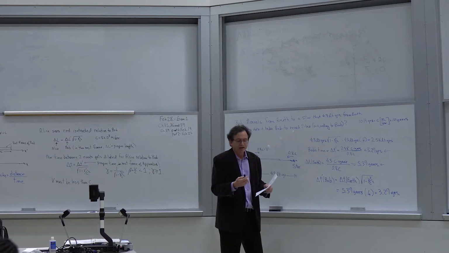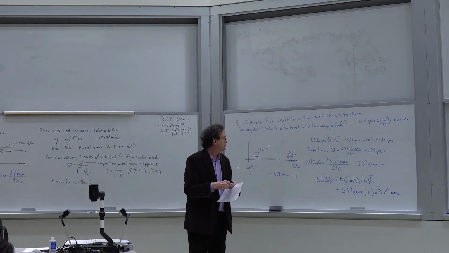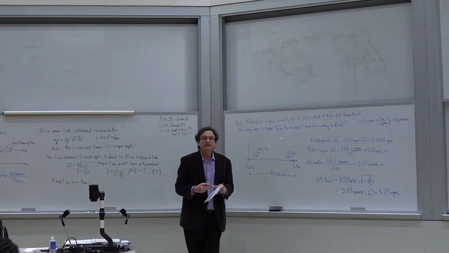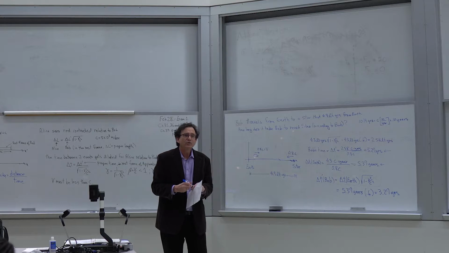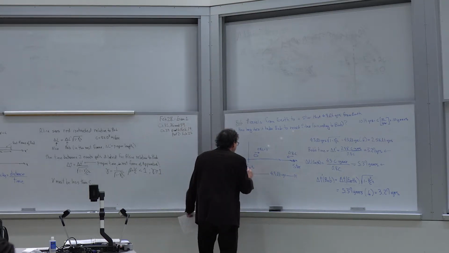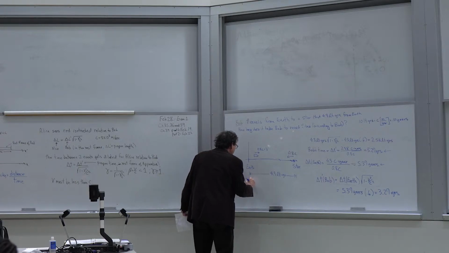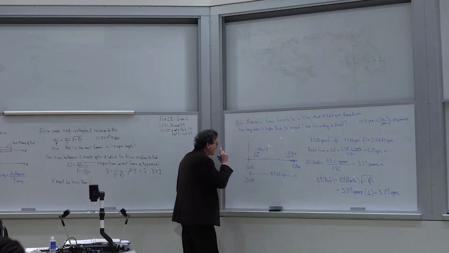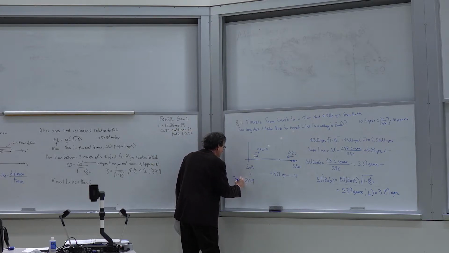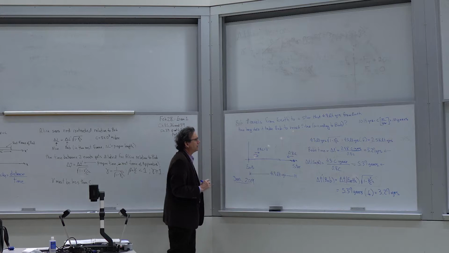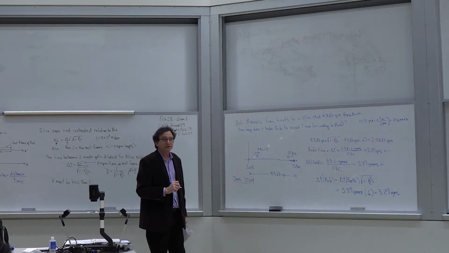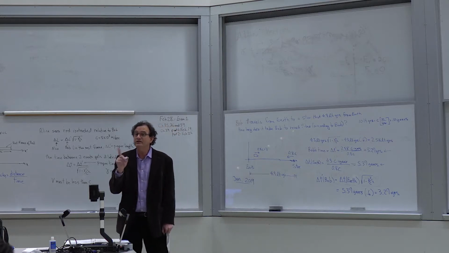Now, let's suppose next that Bob turns around and comes back home, and we want to ask the question: if Bob left in January 2019, when he comes back, what year will it be according to his clock?